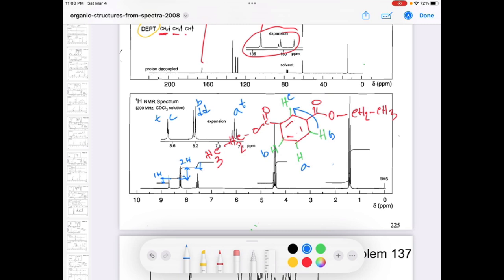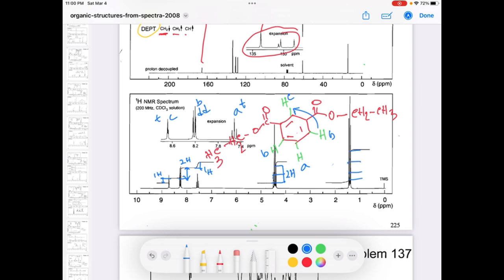So you have a total of 4 protons in the aromatic ring. So with this label, you can think this is for 1 proton and this is for another proton. So this is for 2 protons, and similarly this is for 1 proton, 2 protons, and 3 protons. So total here you will see 3 protons.